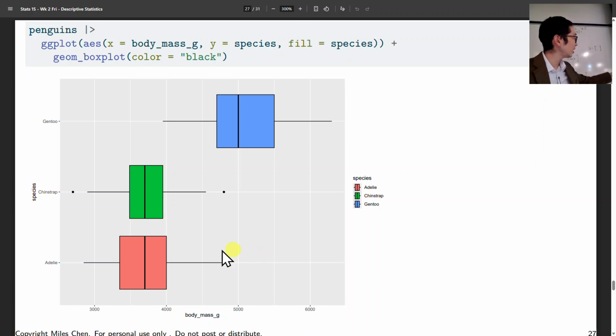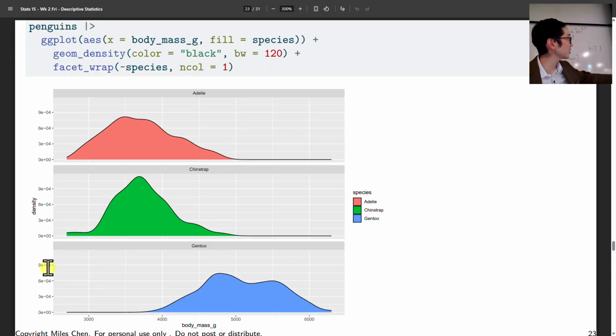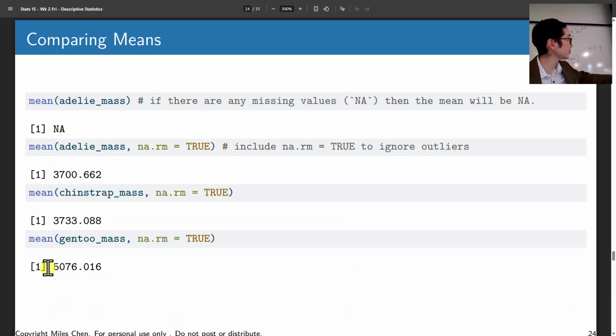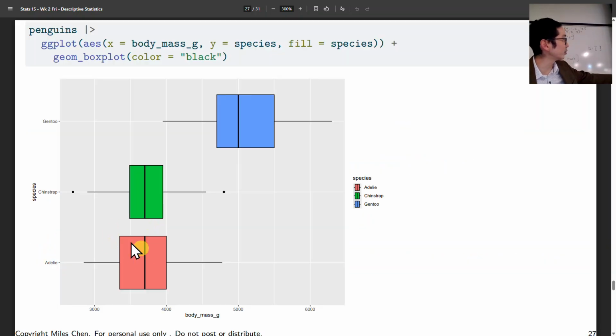For whatever reason, R put these in reverse order here. So Adelie, if I flip back between this slide and this one, the red is the same right here, okay? And so we can see this shows wider spread, okay?